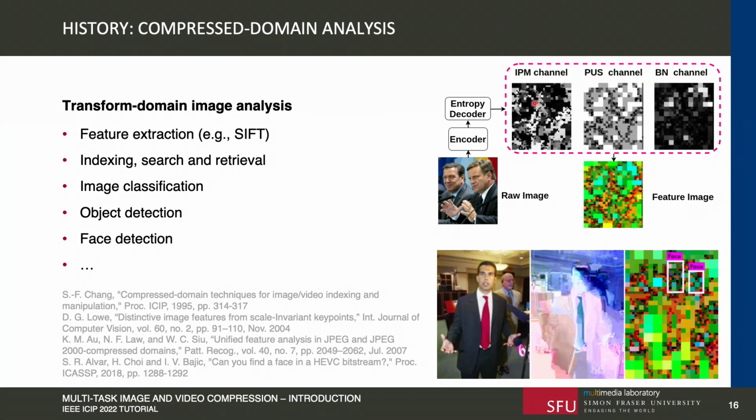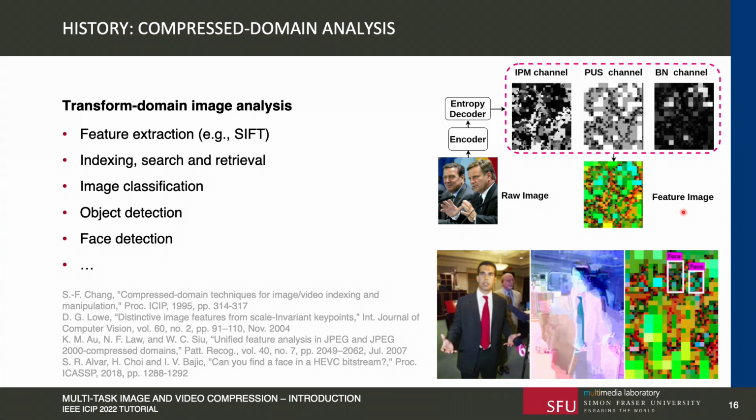These are syntax features, and we can create a grayscale channel based on these features and then combine them into a color image, which is a feature image, just a visualization of these three features. And it turns out that you could train a neural network to detect faces in feature images like this. And the example is shown below.